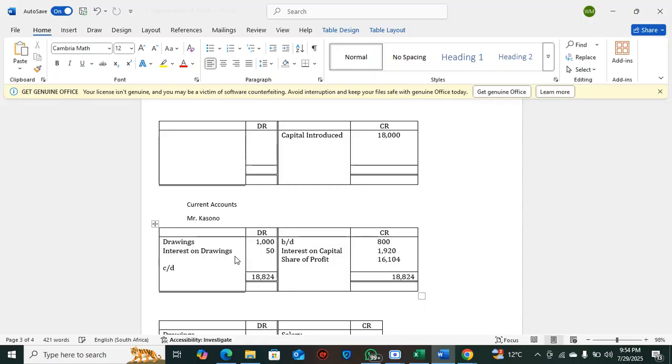So we're going to say 18,824 minus 1,050, which is 17,774. Then on the opposite side, you say balance brought down 17,774. Any questions?